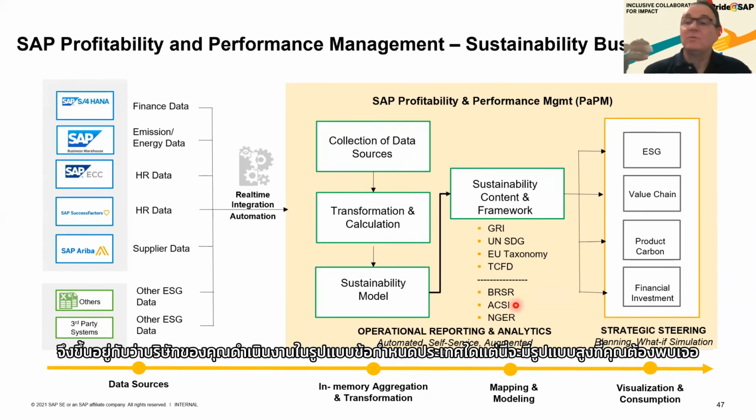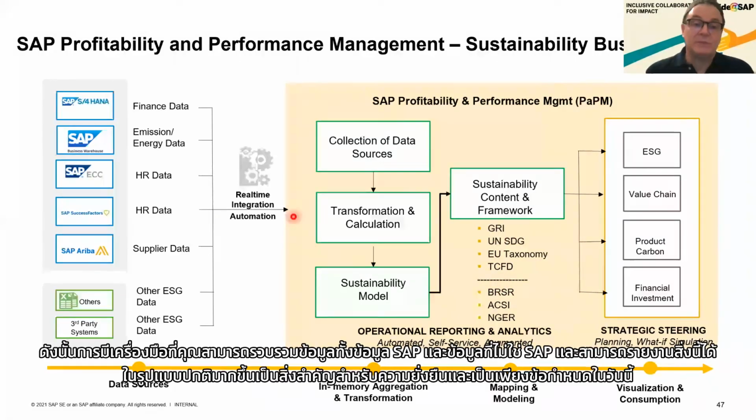So it depends on where your company is operating. There are different country formats as well that need to be done, and there'll be Thai formats that you need to be able to meet. So having a tool where you can collect this data, SAP and non-SAP data, and report it in a much more regular fashion is really important for sustainability and just the requirement today.